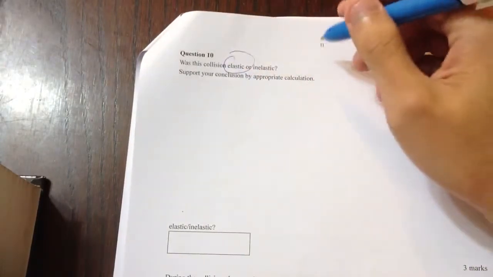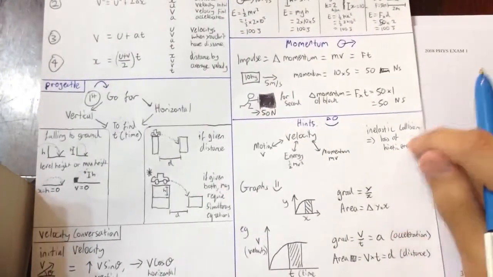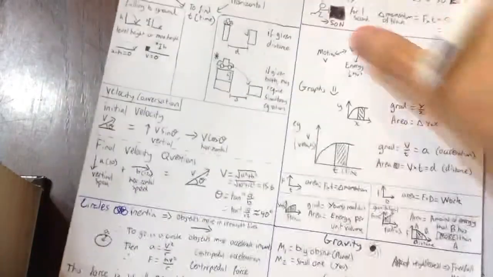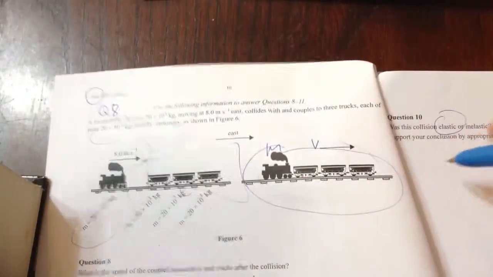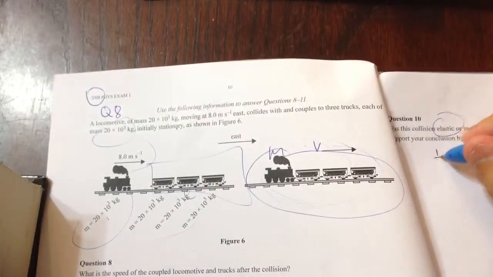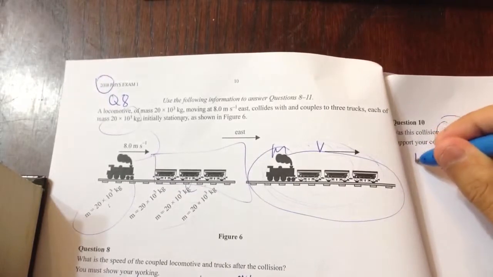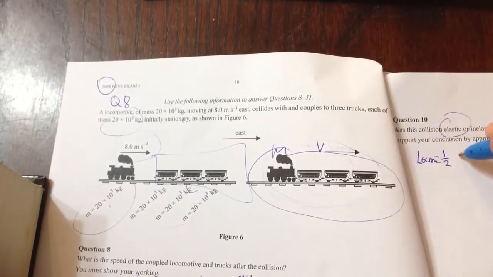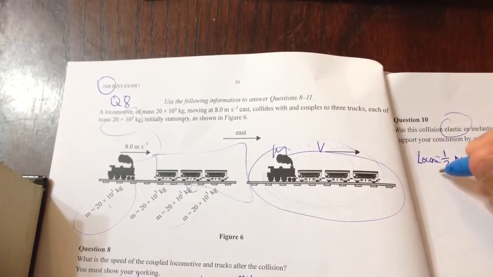Was the collision elastic or inelastic? Inelastic collisions mean loss of kinetic energy. Elastic collisions mean we keep the full kinetic energy. So we just need to figure out how much kinetic energy we had. Initially only the locomotive was moving. Kinetic energy equals half mv squared.